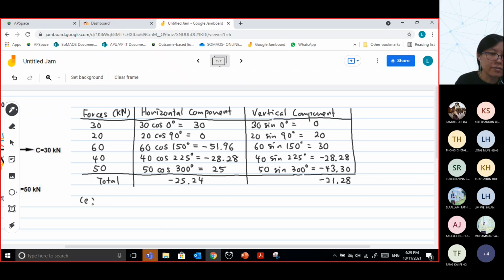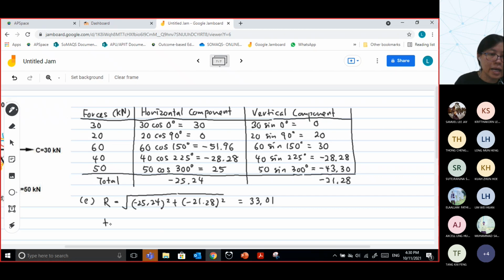Then the magnitude. Here find the R, which is 33.01.